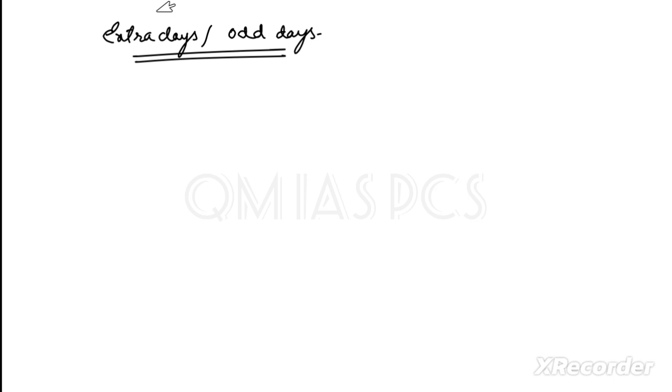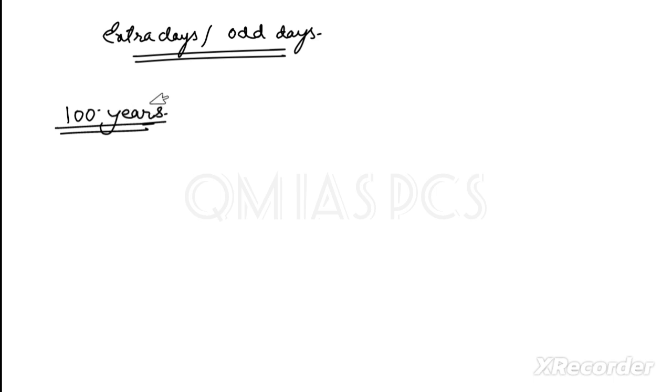Because whatever days we get, we have to divide by 7, and whatever remainder we get, 1, 2, 3, 4, 5, 6 or 0, based on that we can say which day it is. Fine. For a century, for 100 years, we have to calculate, because in calculations some date will be given, so we have to remember a few things so that it will be easier to calculate.